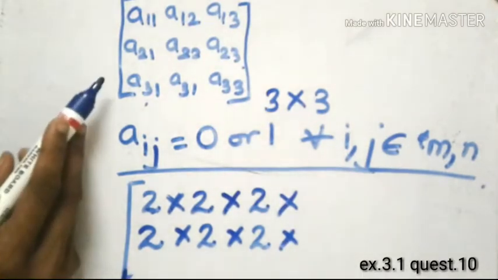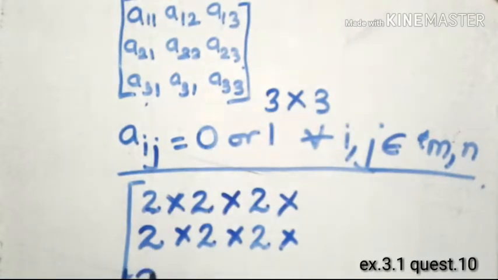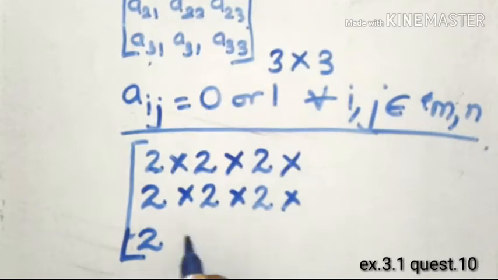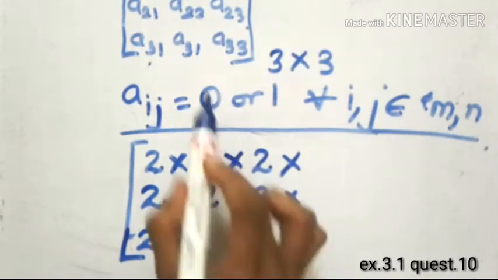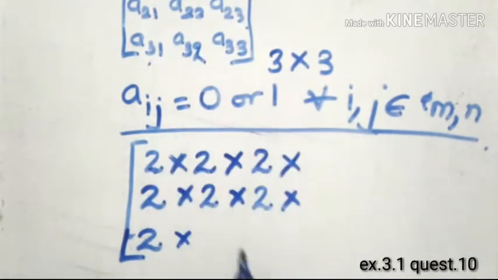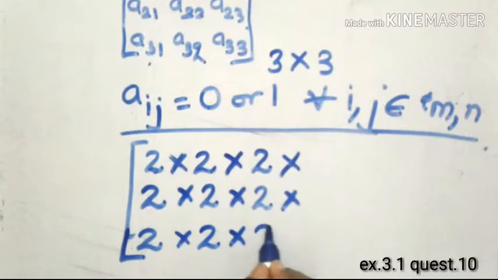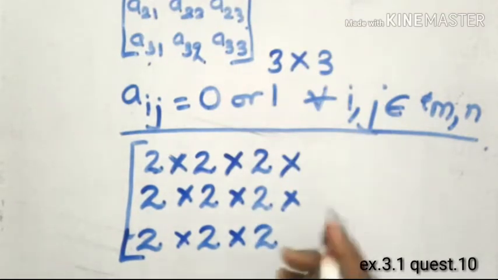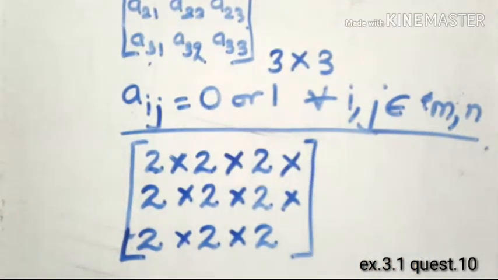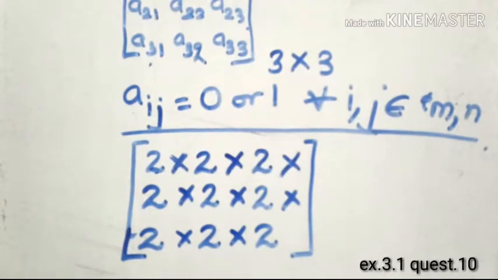Now coming back to the third row, A31 can also have 2 options. A32, I'm sorry, this is A32. A32 can also have 2 options, that is 0 or 1, and A33 can also have 2 options.